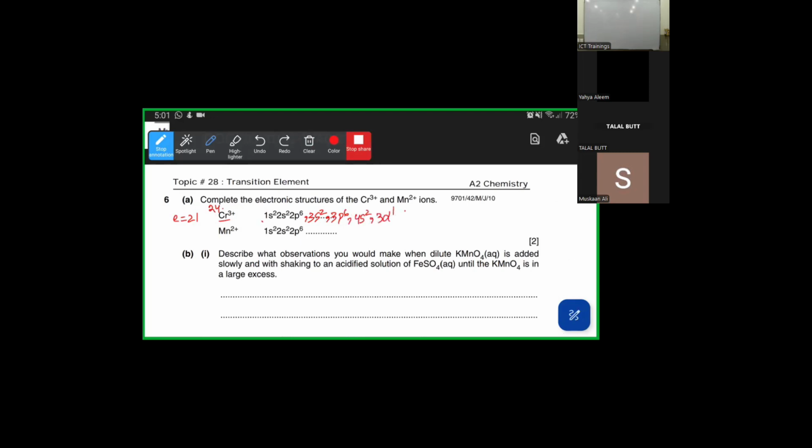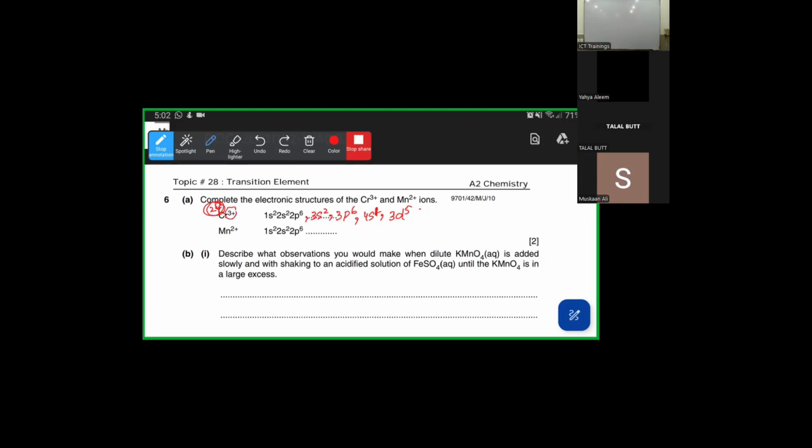That is 100% wrong, because whenever there is an ion, you shouldn't do it like that. Don't make the electron count appear as 24. So first make the total 24 electrons: 1s2, 2s2, 2p6, 3s2, 3p6, and then 4s1 and 3d5, because I told you chromium has an unusual electronic configuration.